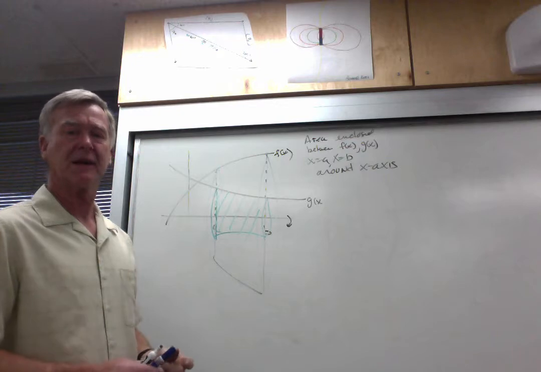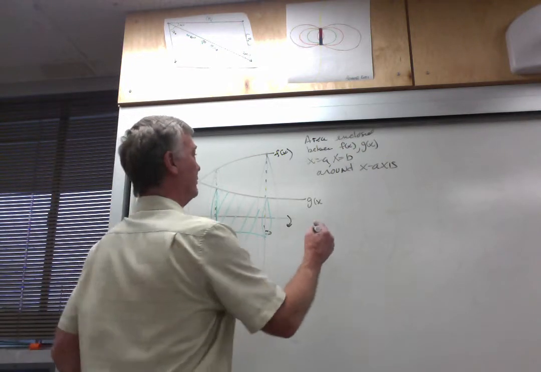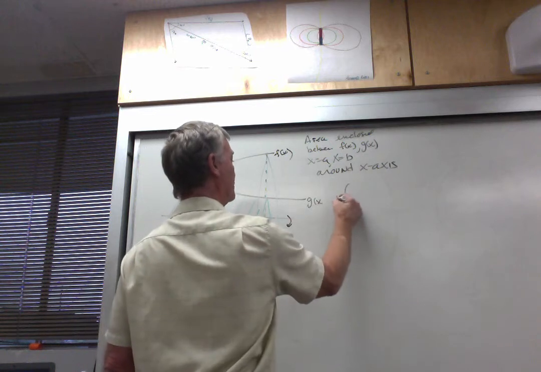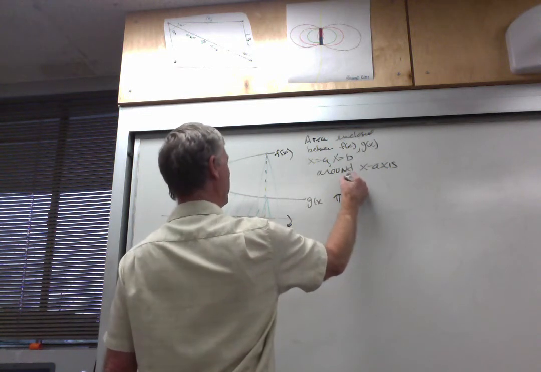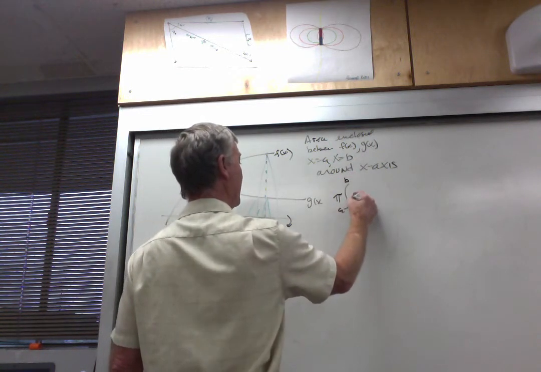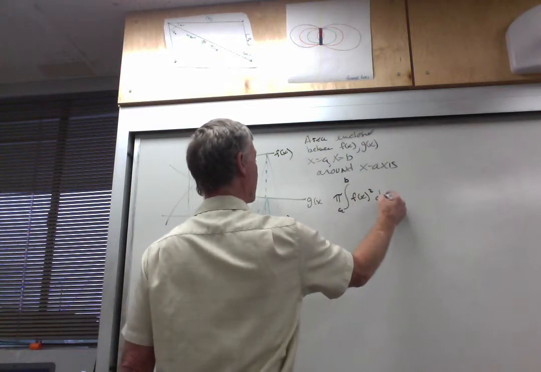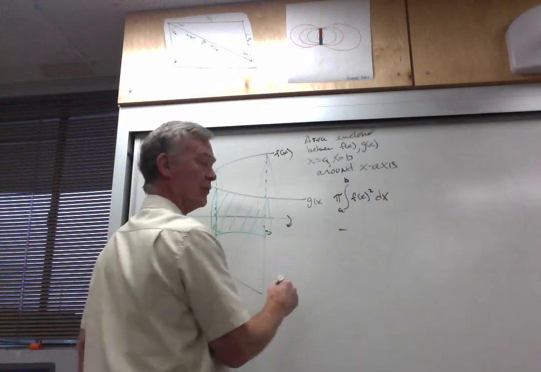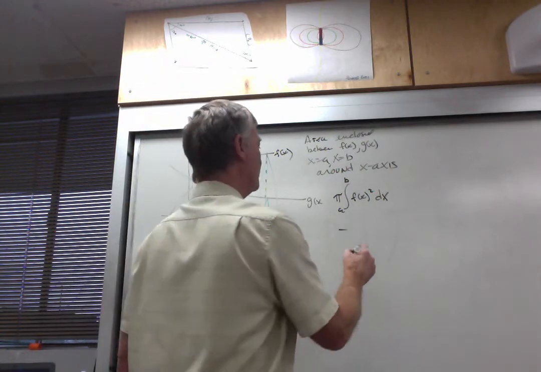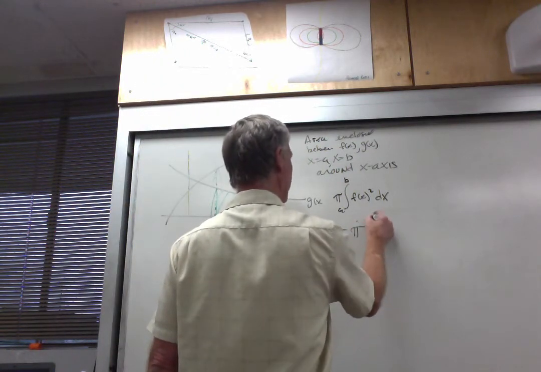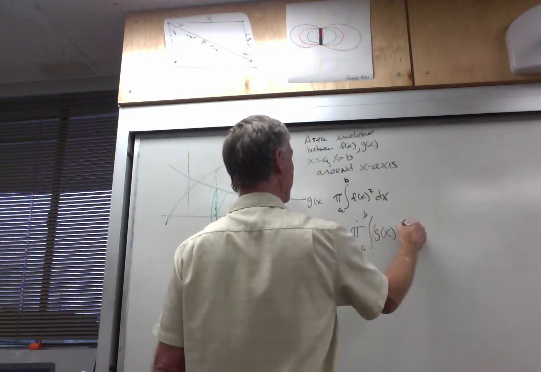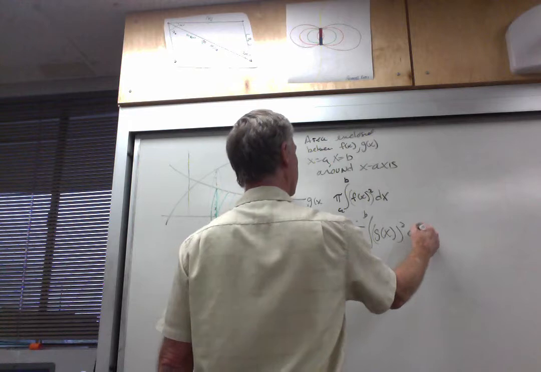So all this comes down to is that we are going to figure out what the volume of that one would be, which would be pi from a to b f of x squared dx. And we are going to subtract from it this green area in the middle, which would be pi from a to b g of x squared dx.